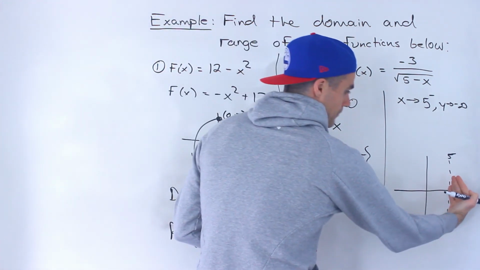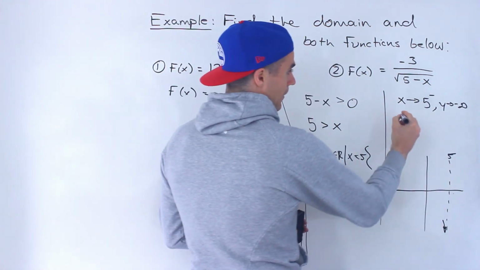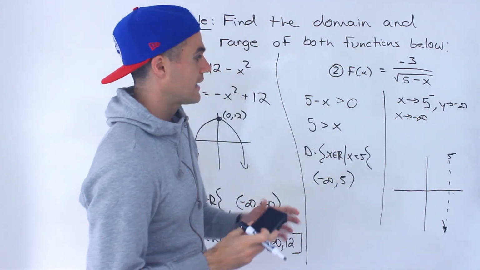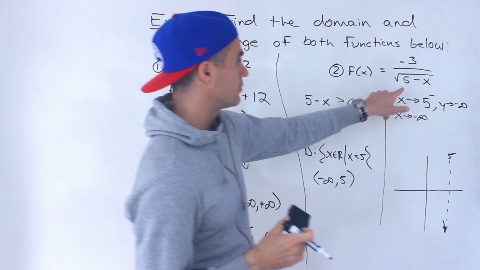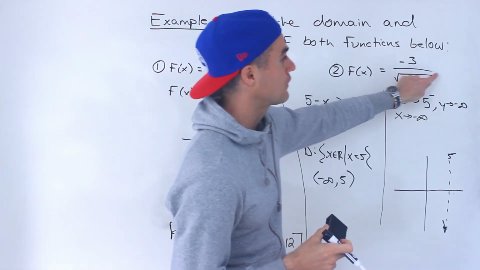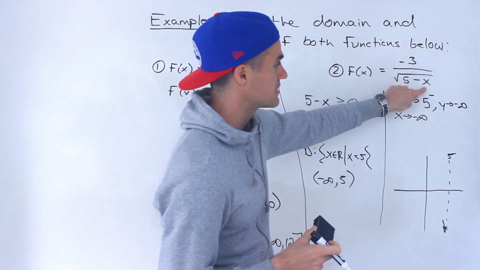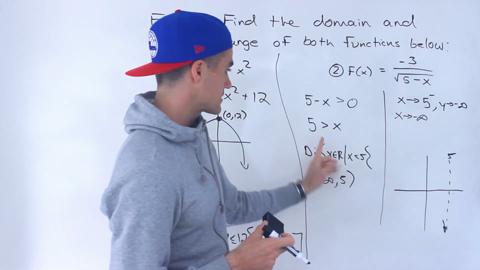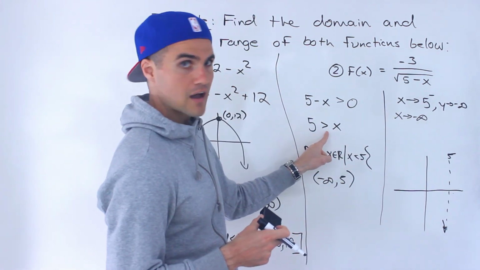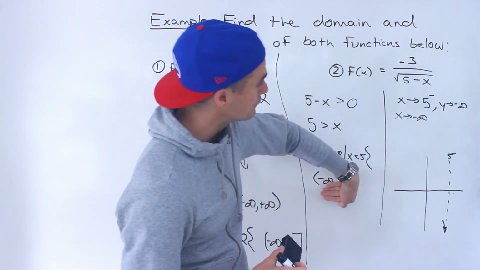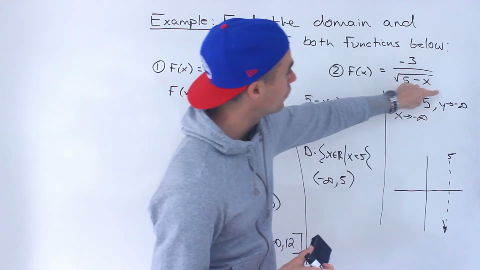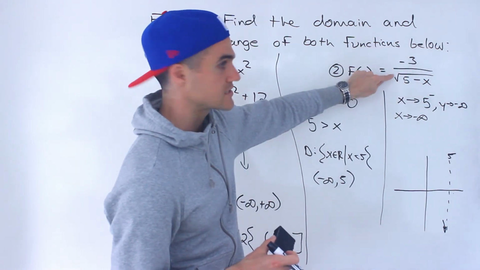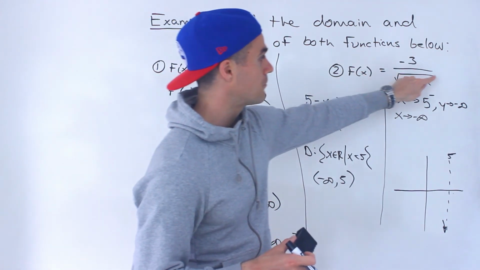And then notice how x can also go to negative infinity. We could plug in a very large negative number, because we'd have 5 minus a very large negative number, which is 5 plus a very large positive number. That would always make the square root defined, because we would end up with a positive number.